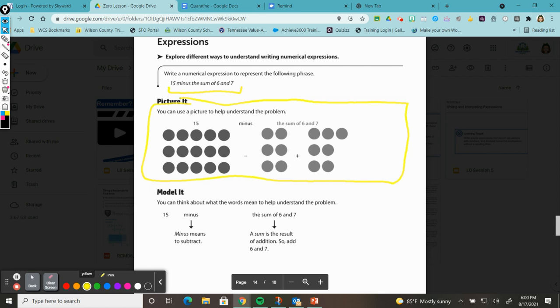Take a look at that picture. In this picture, we have 15 circles or counters, if you would like to think of them as counters, in a dark gray color. Then we have 6 counters in a light gray color and 7 counters in that same light gray color.